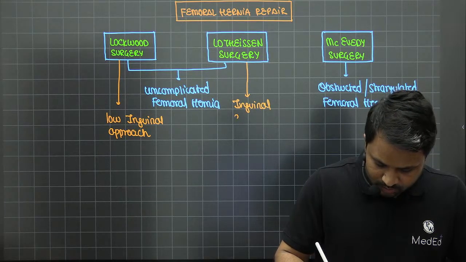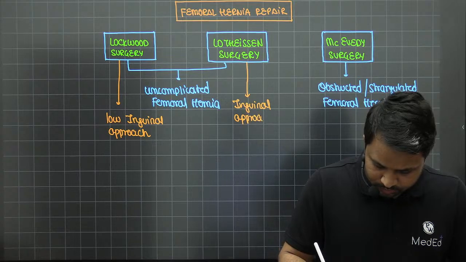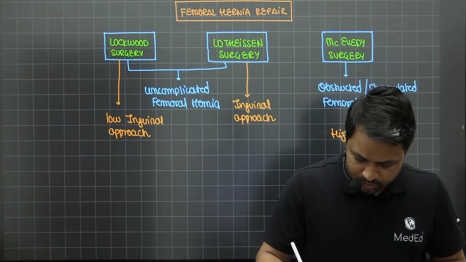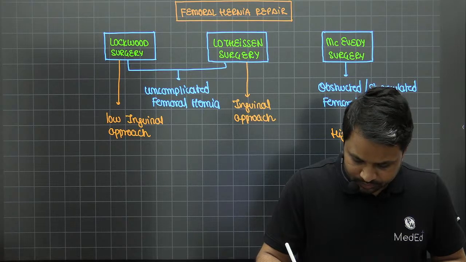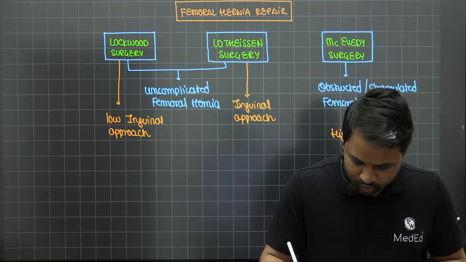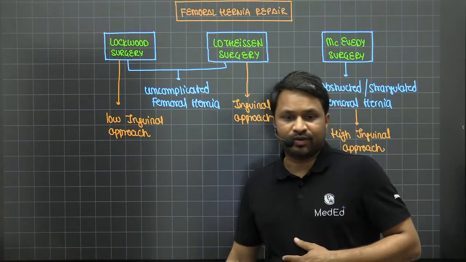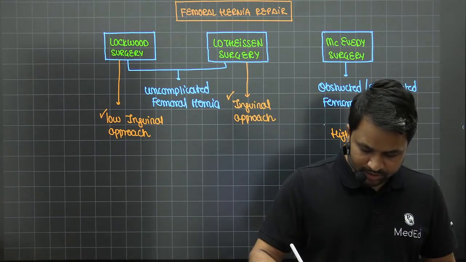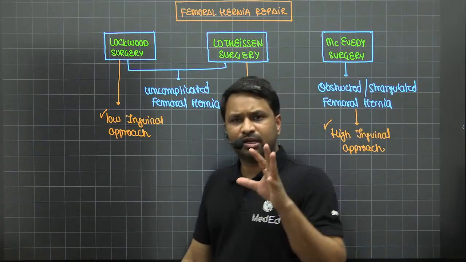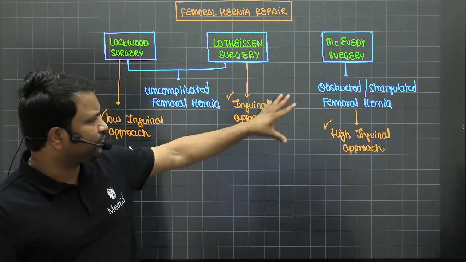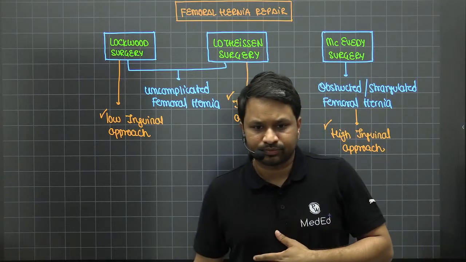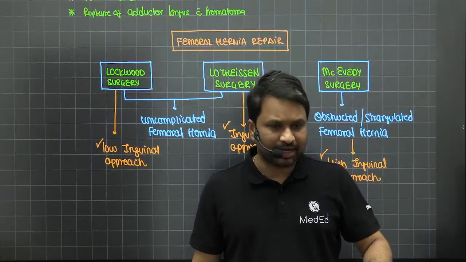And MedEd is what we call the high inguinal approach, right? So we have three standard approaches: the low inguinal approach, the inguinal approach, and the high inguinal approach. Remember, MedEd is usually used whenever you have an obstructed or a strangulated femoral hernia.